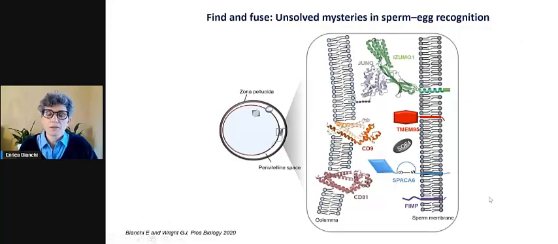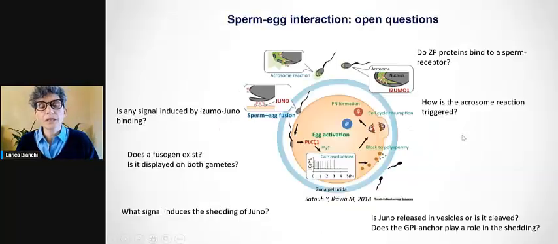So the picture has changed over the last few years, as I was mentioning. The other proteins, other than TMEM95, that have been shown to be essential for fertilization are SOF1, SPACA6 and FIMP. For all of them, it's yet unclear whether they have a binding partner on the oocyte and whether there is an interaction, direct or indirect, between all of them.